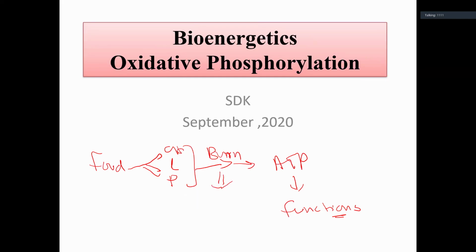This burning is oxidation. Formation of this ATP is phosphorylation. So burning of the food is oxidation. As a result of this burning, the ATP which is formed, this function is called phosphorylation.